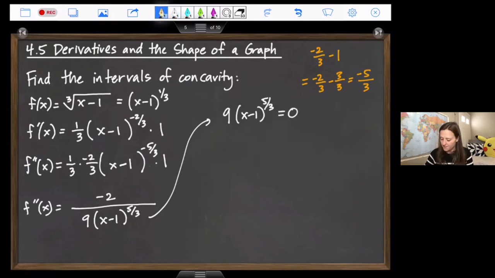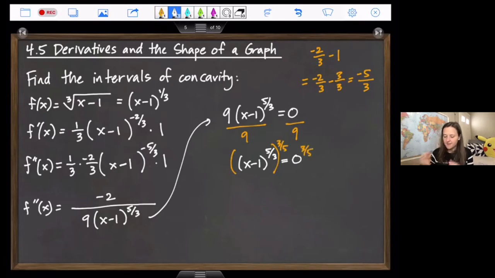Divide both sides by 9, and we'll get (x minus 1) to the 5/3 equals 0. And then we've done this in a previous video where we raise both sides to the reciprocal power. So we're going to raise both sides to the 3/5. That will cancel out that exponent. We're multiplying exponents. So we get x minus 1 equals 0. Add 1 to both sides and you get x equals 1.